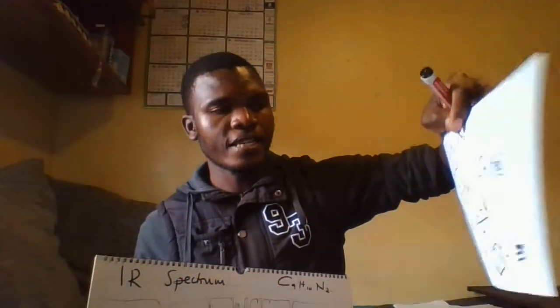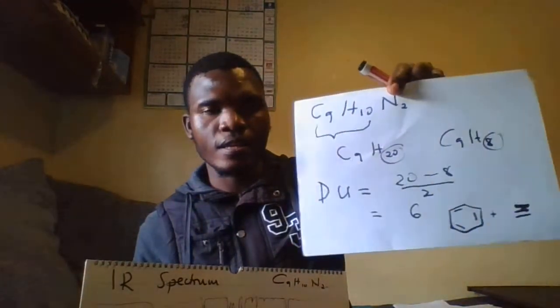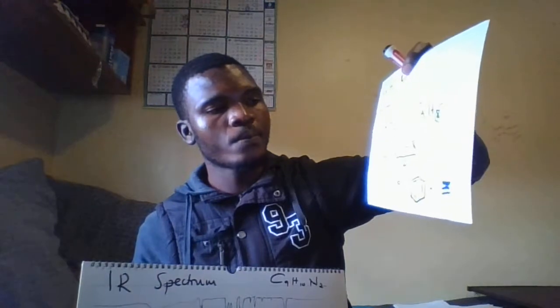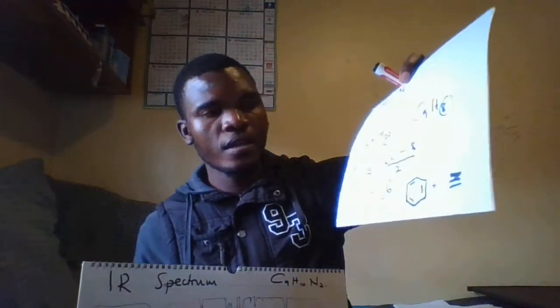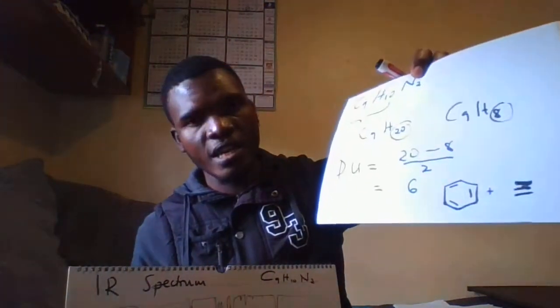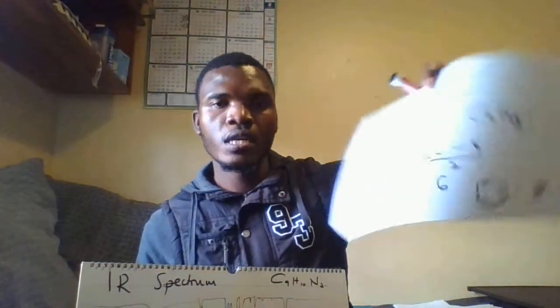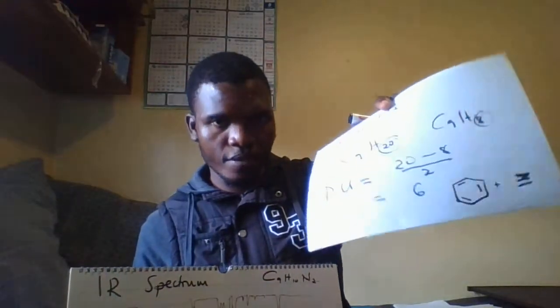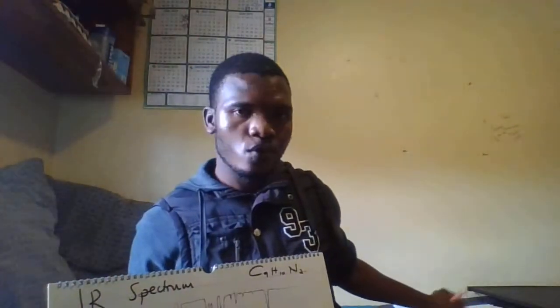But that's not the only possibility. It can be a benzene ring and 2 pi bonds. Okay, let's just take this and we'll see which one is which as we go.